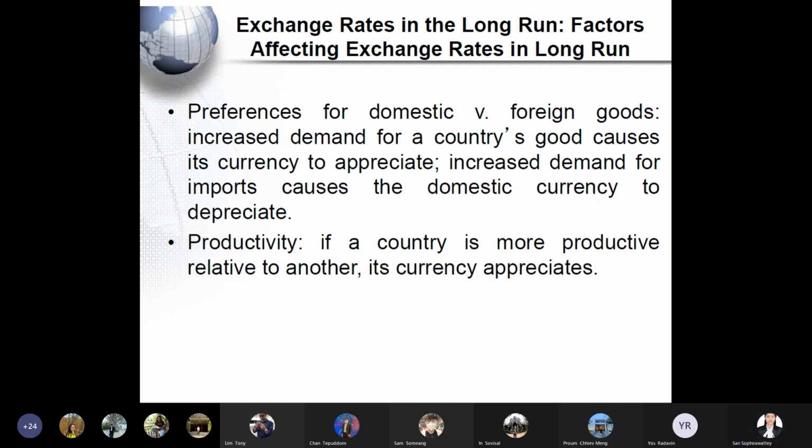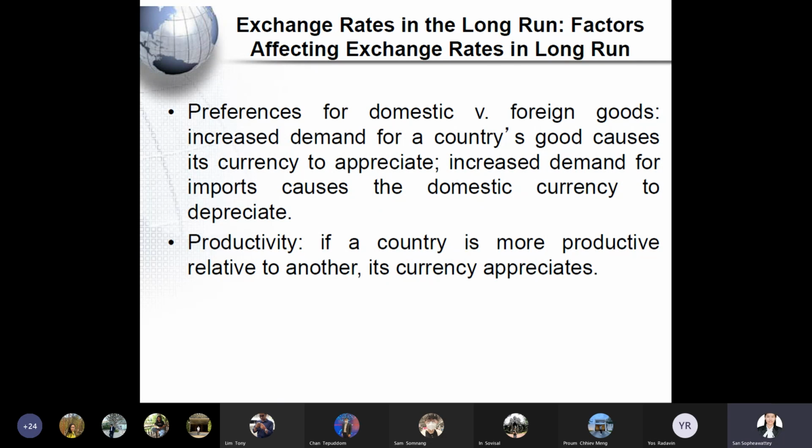So, for example, if China develops an appetite for U.S. goods, say some good that really favors American users, there is an increase in demand for U.S. goods or exports, and that tends to appreciate the dollar.